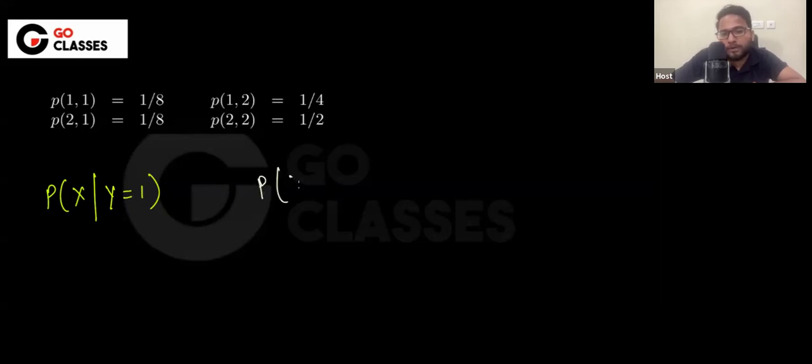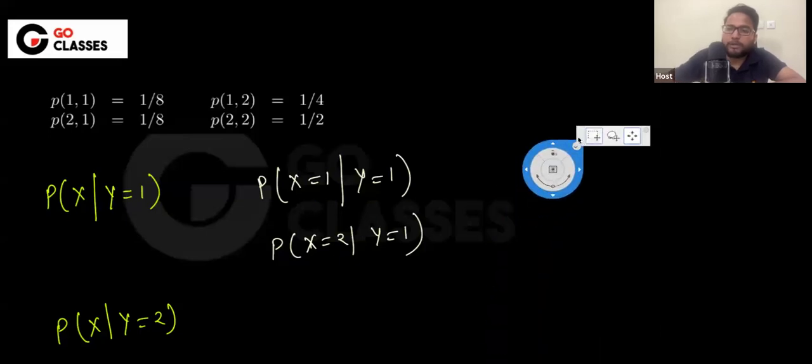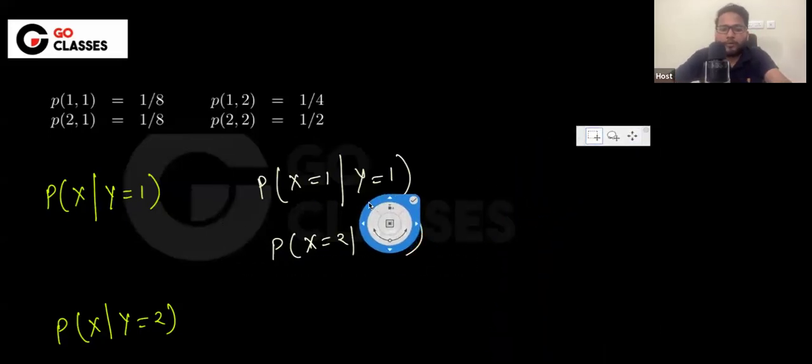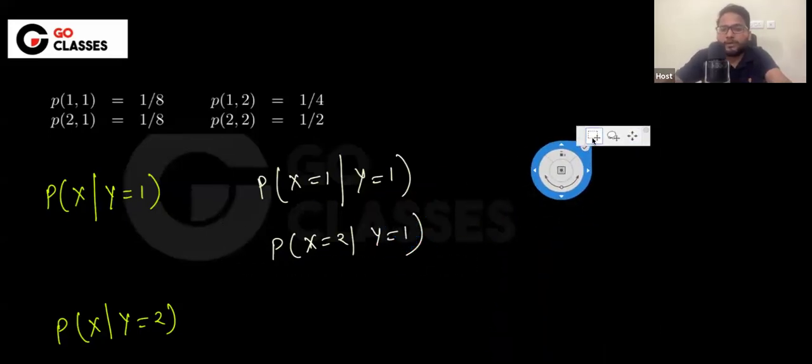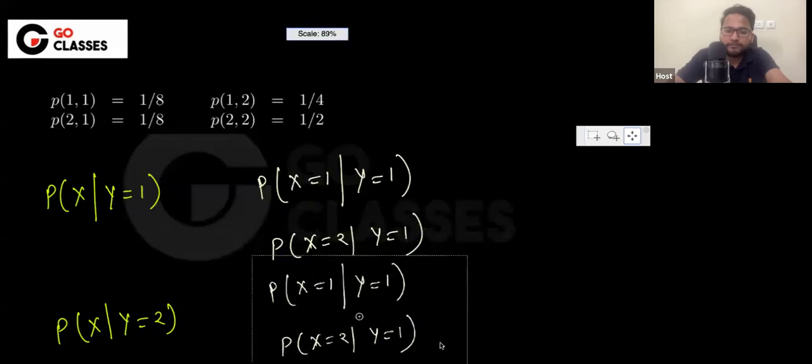So what is the probability that x being 1, given that y being 1? Similarly, what is the probability that x being 2, given that y being 1? And then I will also find out the other conditional. So just find out these four probabilities.